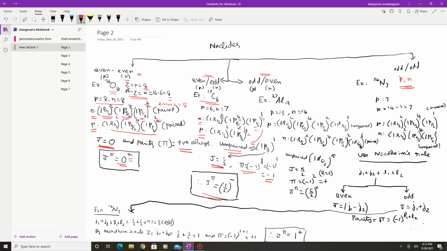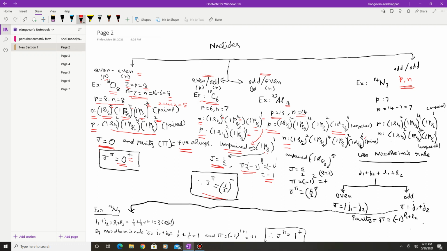If it is odd-even, you find the total number. Here 13 is the total number of protons, and you subtract it from the mass number to get the total number of neutrons. So you write down the energy level sequence for the proton: 1s1/2 2, 1p3/2 4, 1p1/2 2, 1d5/2 5. For the neutron also: 1s1/2 2, 1p3/2 4, 1p1/2 2, 1d5/2 6.